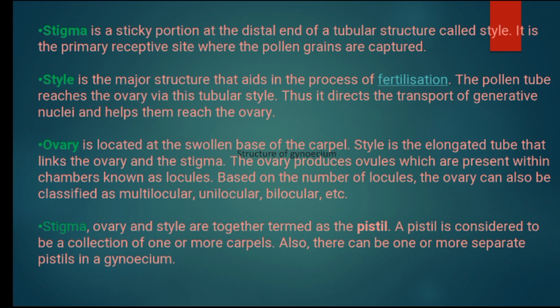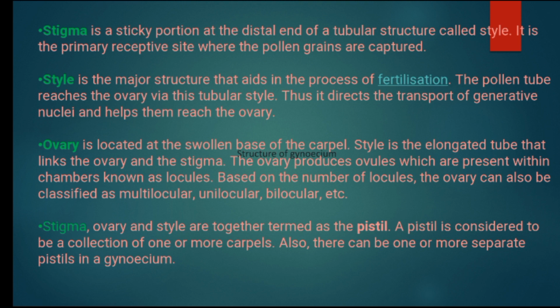Then style is an elongated tube that links the ovary and the stigma. The ovary produces the ovules which are present within the chambers known as locules. Based on the number of locules, the ovary can also be classified as multilocular, unilocular and bilocular.